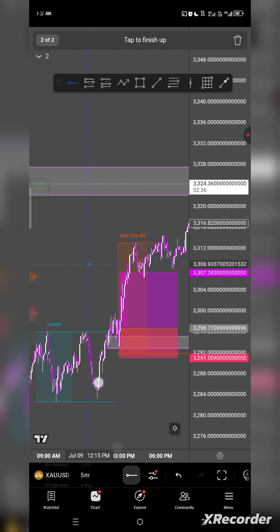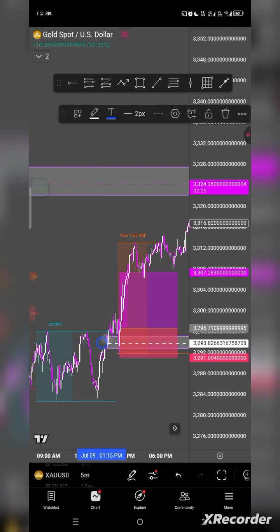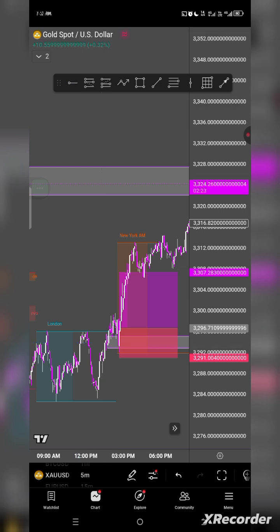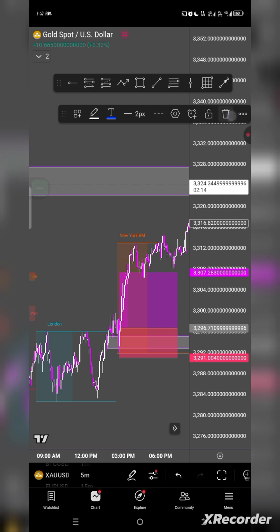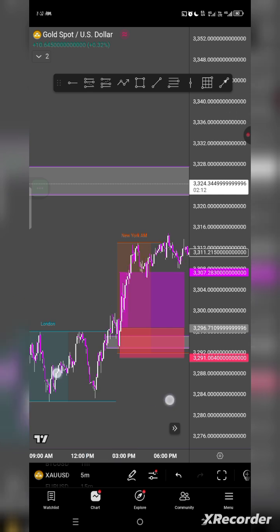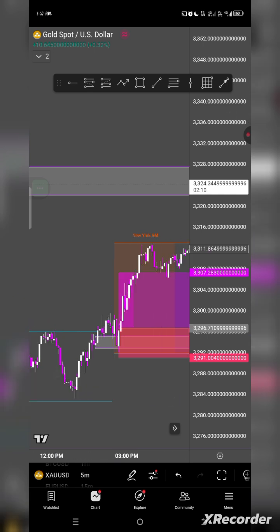We had a BOS around this region, a break of structure around that region, and another break of structure. I just looked for the candle that created that break of structure. That was what I marked out there, and I took the trade.